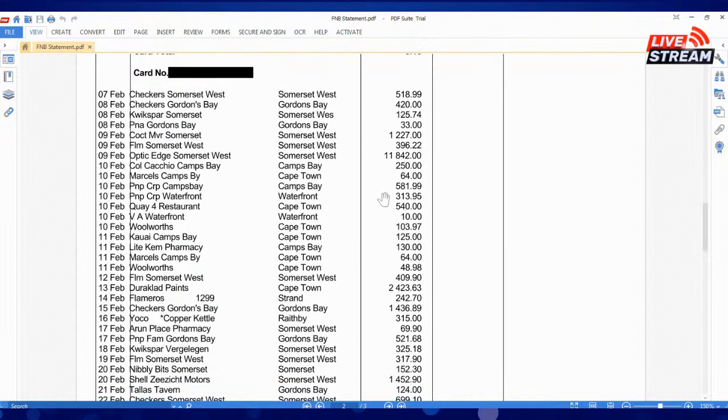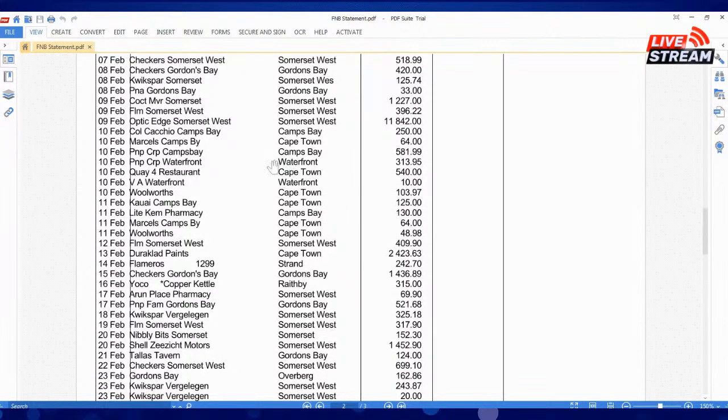And then you would see, obviously, on the J101 or the J107, you would know where the respondent resides. So you know that this person resides in the Helderberg area. So he lives either in Strand, Somerset West, or Gordons Bay. But all of a sudden, there are deductions from a different part of South Africa. So all of a sudden it skips from Somerset West, Gordons Bay, and jumps to Camps Bay, Cape Town, Camps Bay, Waterfront.